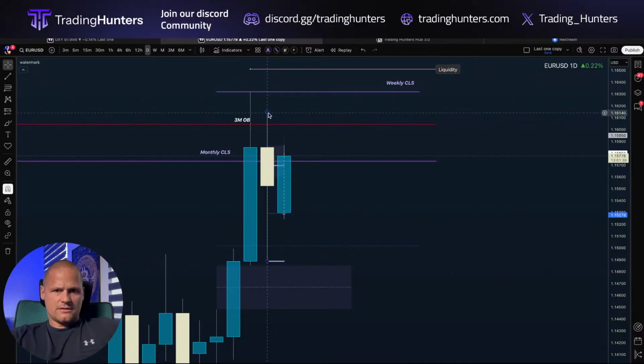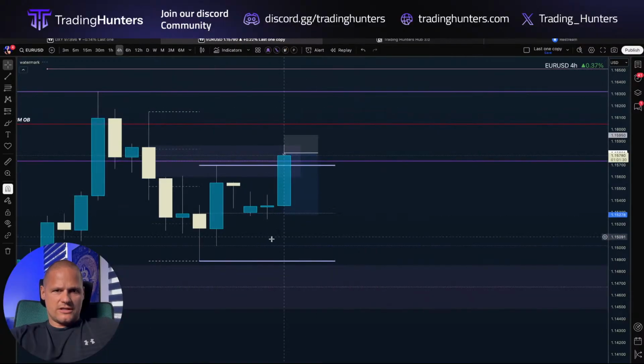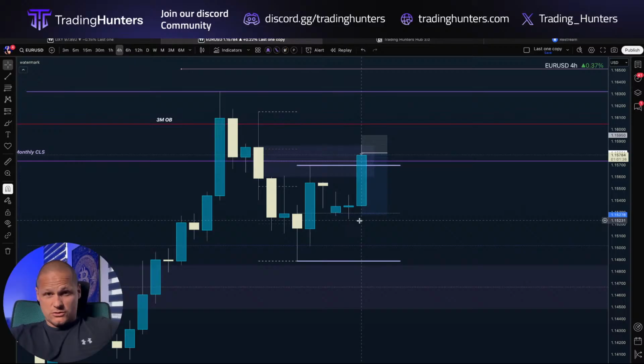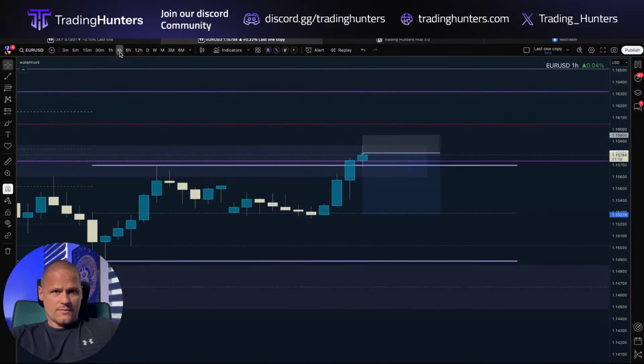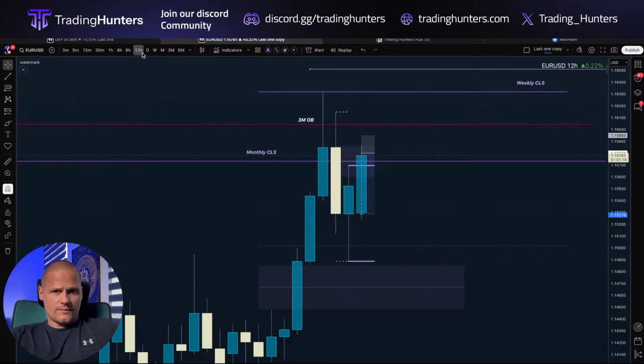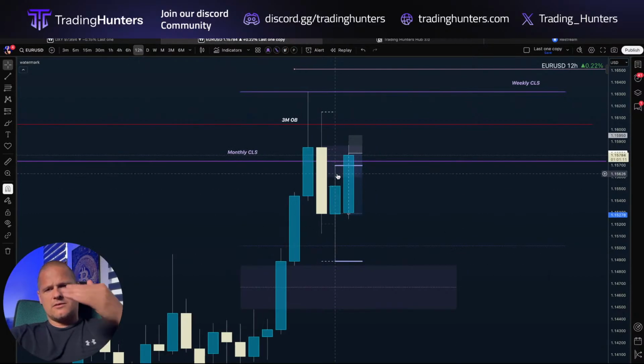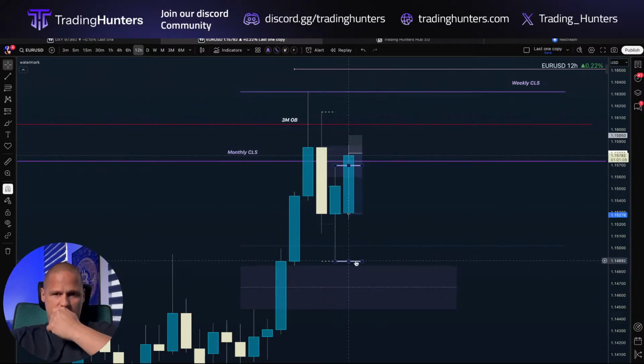No, Friday range is here. So what range did I draw? You see, this is what's happening when you're not putting annotations on your charts. I don't know right now what this range is, why I drew it in here. It's probably 12 hours, but I don't know why I did this.